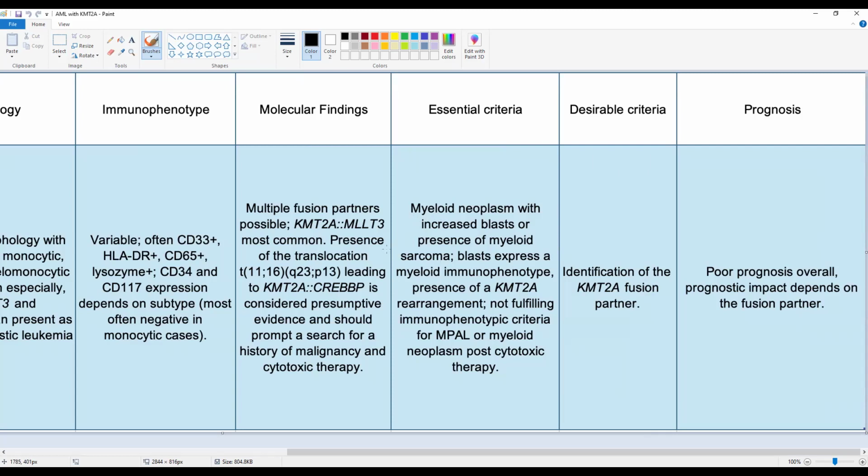You need the presence of KMT2A rearrangement in a patient with acute leukemia not fulfilling immunophenotypic criteria for mixed phenotype acute leukemia or fulfilling criteria of myeloid neoplasm post-cytotoxic therapy. A desirable criteria is the identification of the KMT2A fusion partner, and the prognostic impact depends on the fusion partner. However, the overall prognosis is poor in this leukemia.